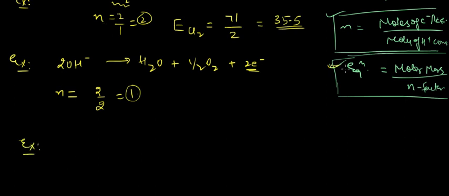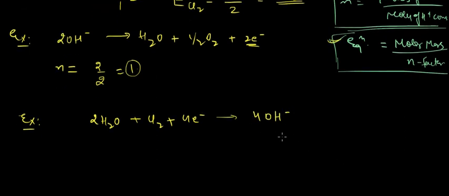Okay, now we have 2 moles of H2O plus O2 plus 4 electrons combining to form 4 moles of OH minus. Let's see the n factor. This is O2, not Cl2.